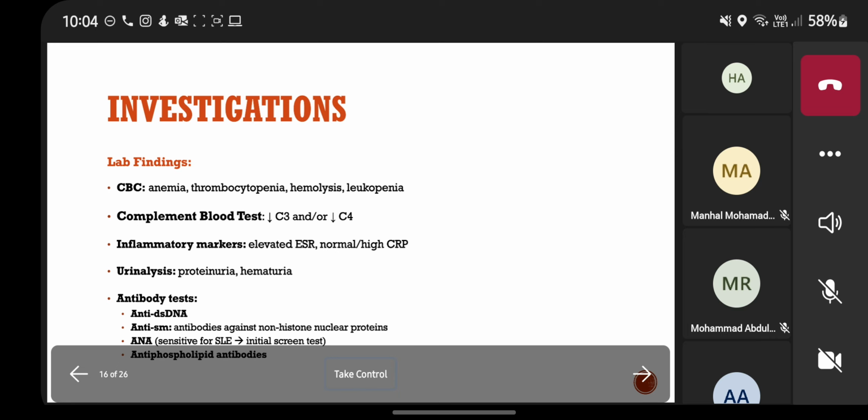Urinalysis shows proteinuria, hematuria. Antibody tests that confirm the diagnosis include anti-double-strand DNA, anti-nuclear antibody, anti-Sm antibodies, and antiphospholipid antibodies.